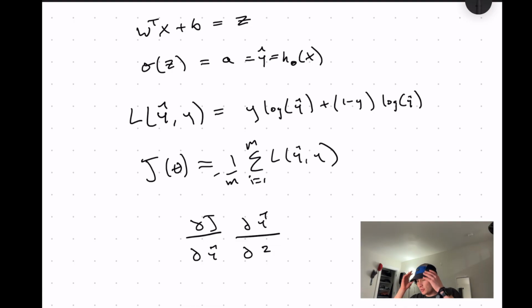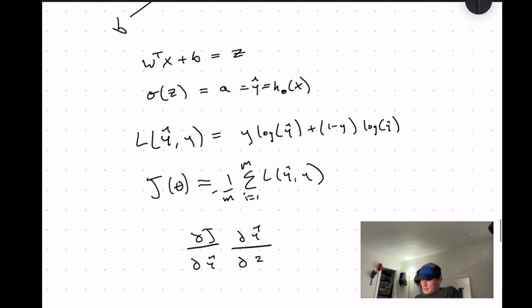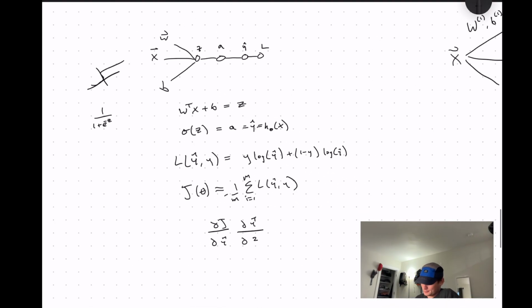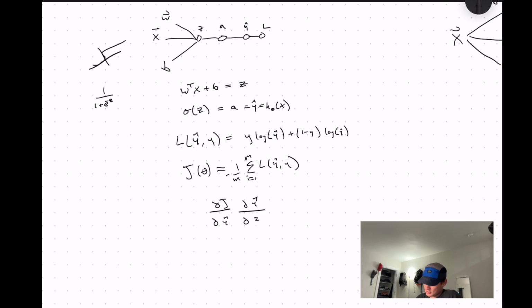This is a lot more notation, but it's going to be useful later, I promise. So this is the chain rule, and because we want to know this, and this turns out to be y hat minus y, which is an awesome conclusion.